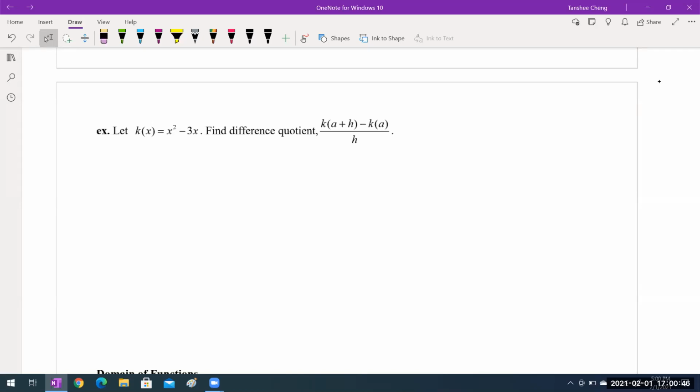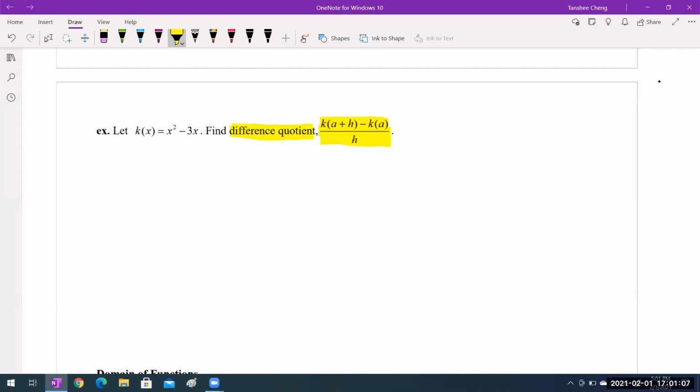This is a formula that you want to remember, because on the test I may not give you this formula, and I will just simply say find the difference quotient. So you need to remember the terminology along with this formula.